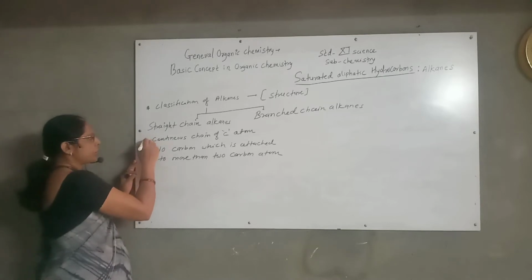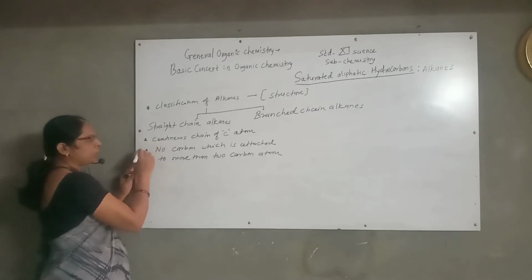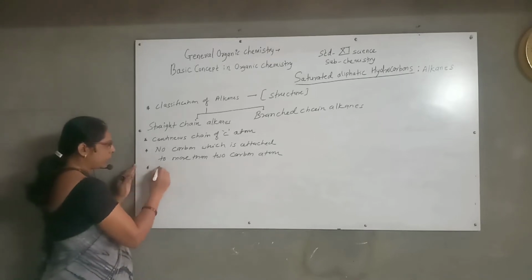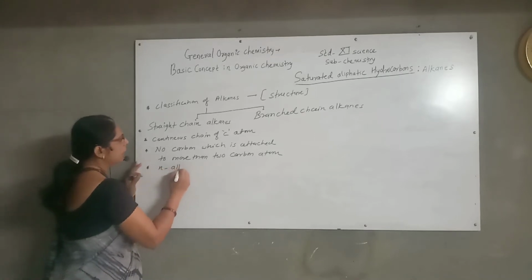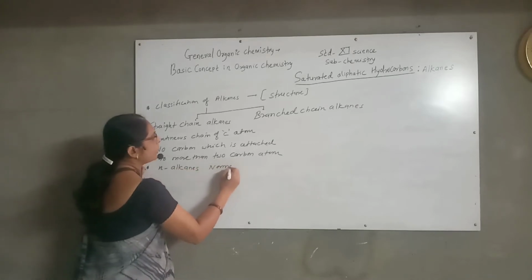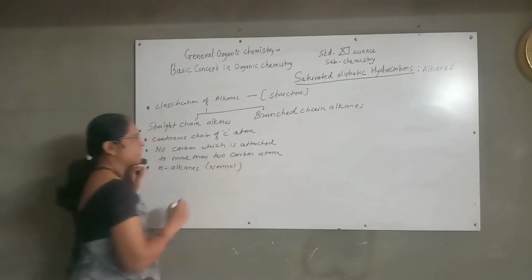So this is the second condition: a continuous chain of carbon, and no carbon atom attached to more than 2 carbon atoms. Therefore they are represented as n-alkanes. N for normal, so they can be represented as normal alkanes.